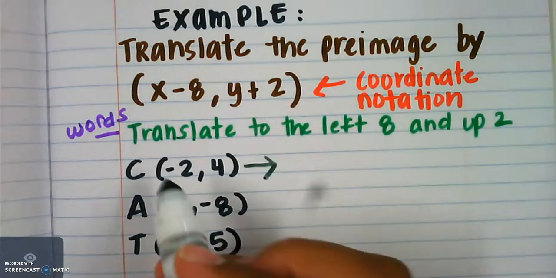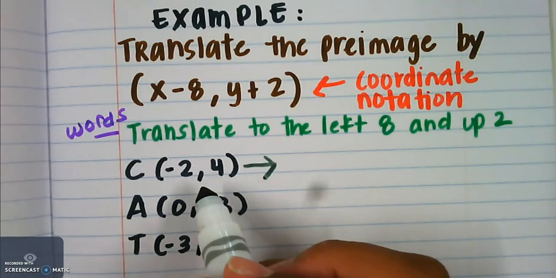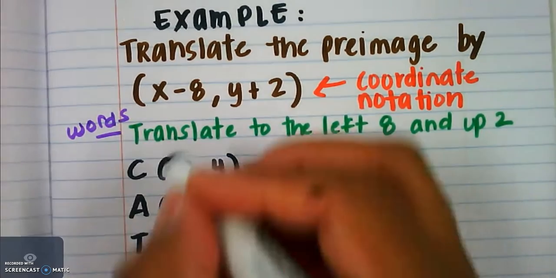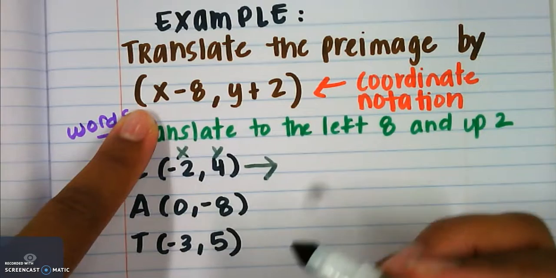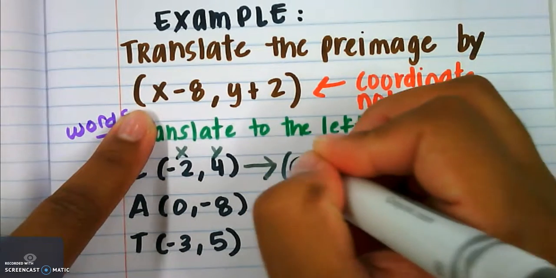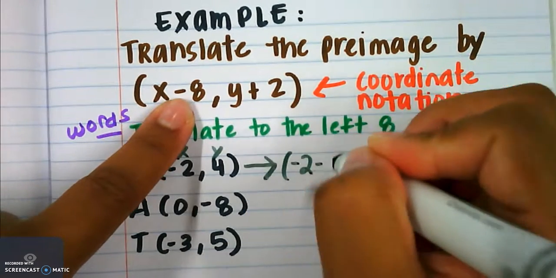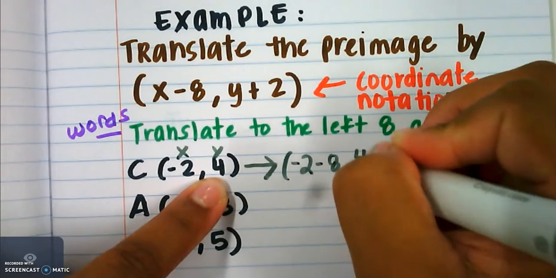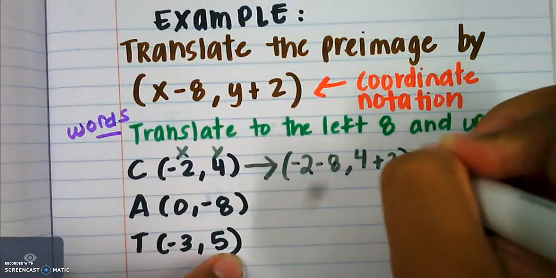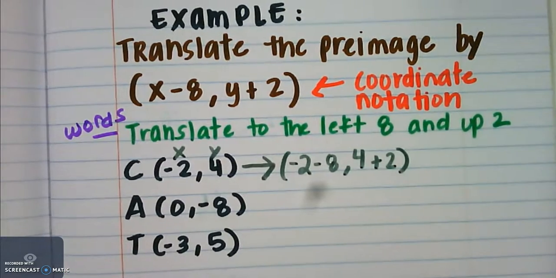So let's say I have the point negative 2, 4. I'm going to plug my x and my y value into my coordinate notation. So I have negative 2 for x, minus 8, and then y is 4, 4 plus 2. I'm just substituting in the x and the y.